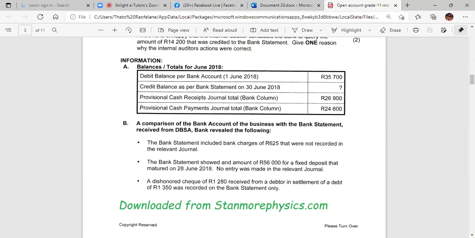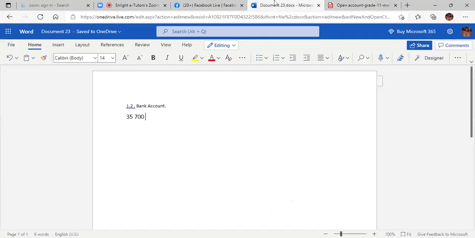The cash receipts journal, is it going to be a plus or a minus on our bank account? Obviously, it's going to be a plus because we received money. So we are going to have plus 26,900.